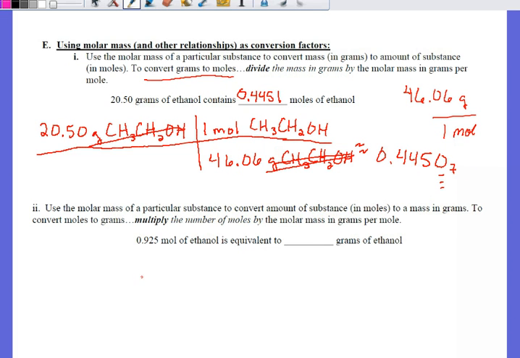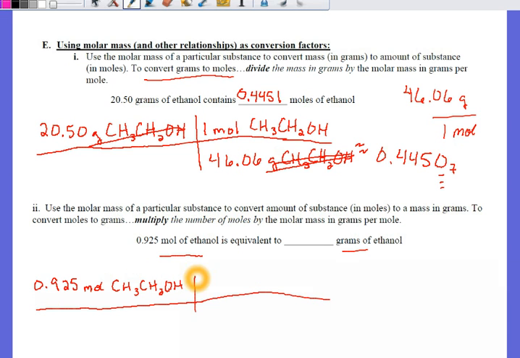And this bottom part is just the opposite kind of procedural step. You have moles of ethanol, and it wants to know how many grams that is. So you're going to approach it the same way. You're going to start out with your moles this time, though. 0.925 moles of ethanol, which is CH3CH2OH, and there's a nice straight line just like that one up there.